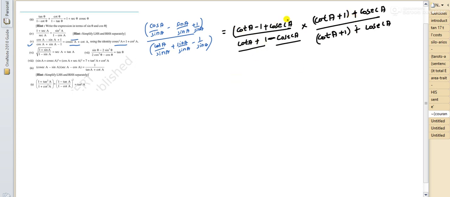Now what we will get, if you look at the numerator, this is in the form of (A plus B) into (A minus B), right? If you see this here, cot A plus cosec A. Let me write it again.